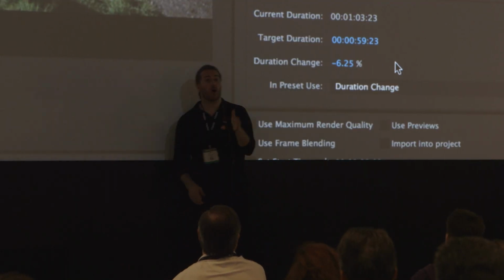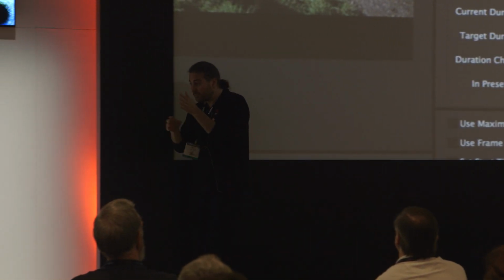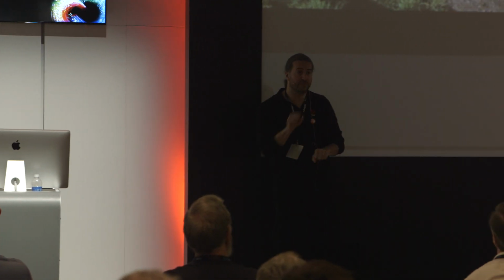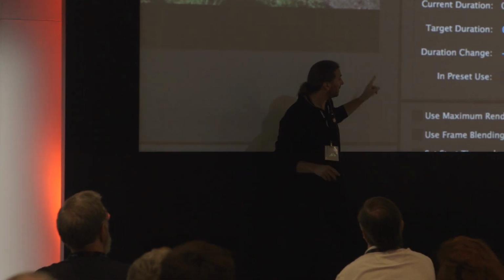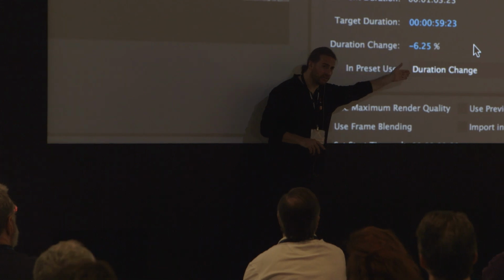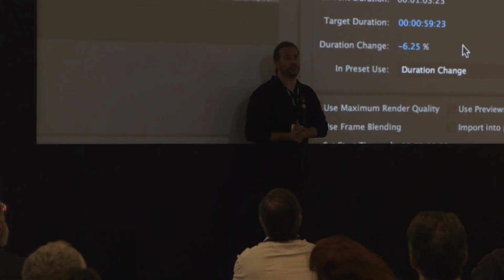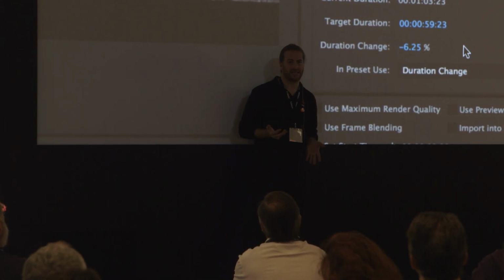It's going to look for all of those things I just told you: areas of minimal visual activity, long pauses, silent sections, a few frames here, a few frames there, and allow you to deliver very quickly, automatically, something at the exact duration that you need, plus or minus 10%.